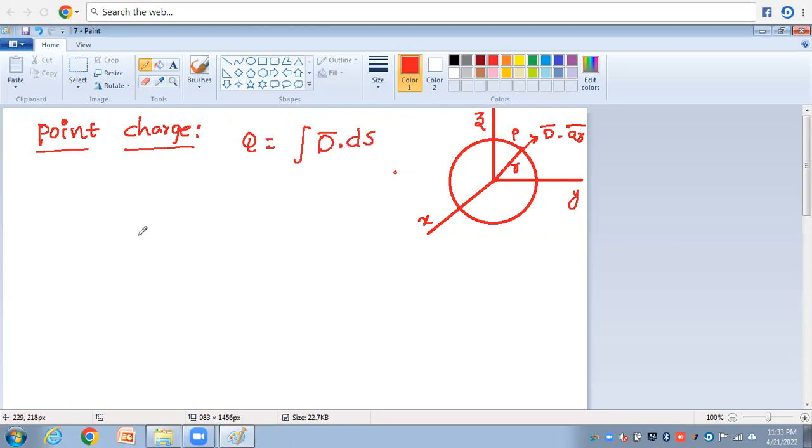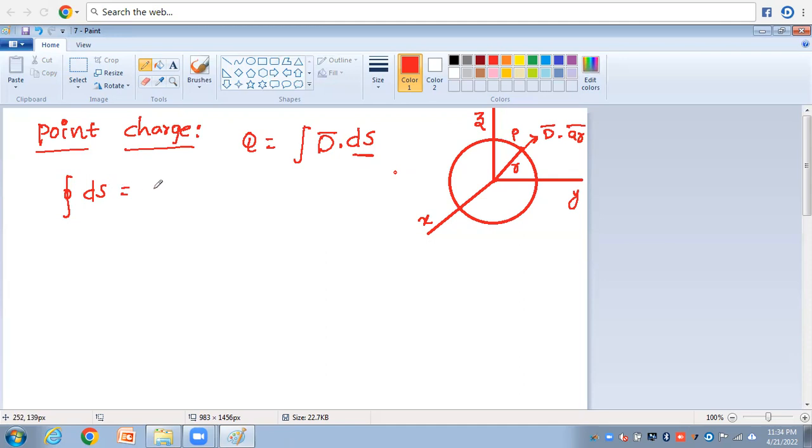Now this D bar, you may write D r. This dS is represented with respect to r, theta, phi, as derived in vector calculus.